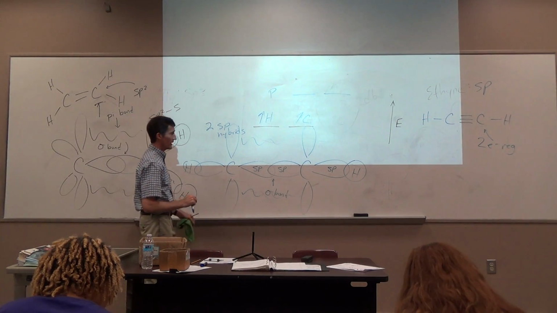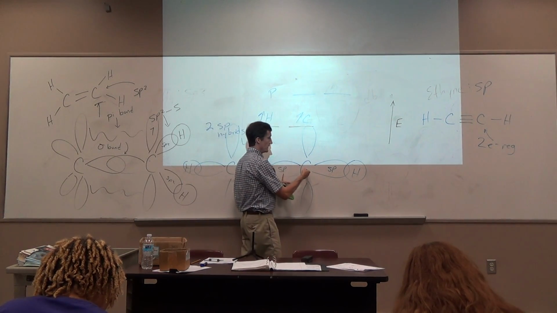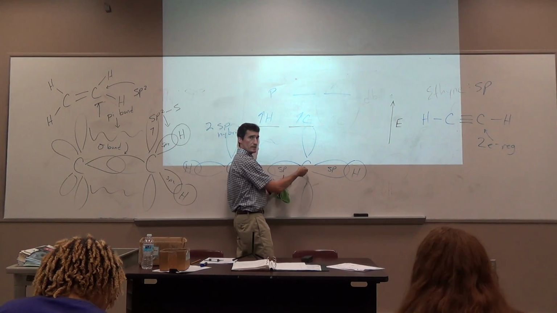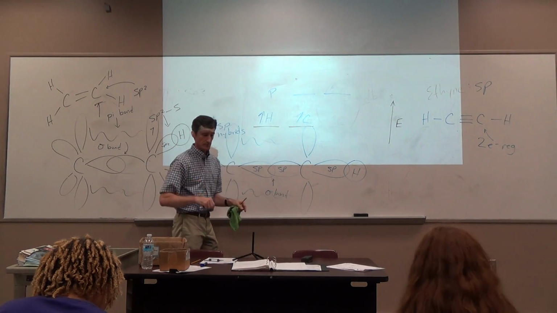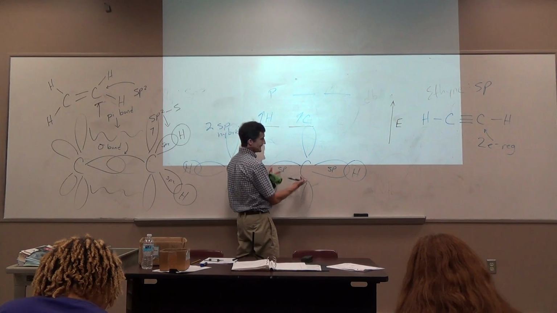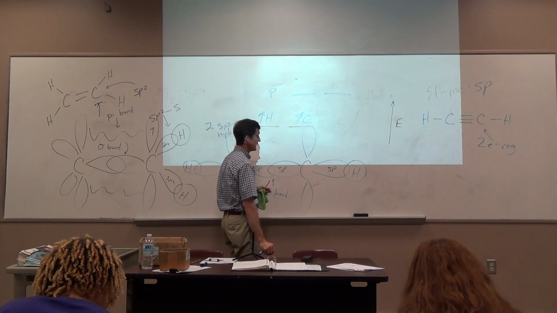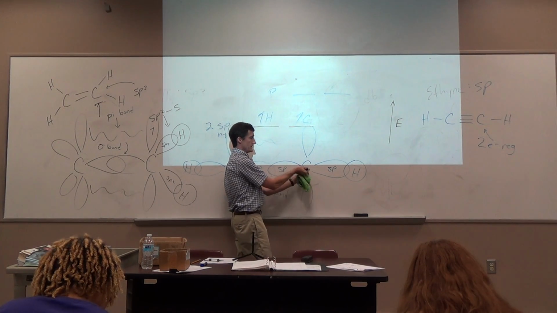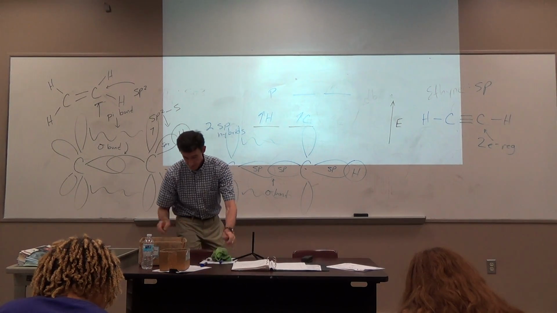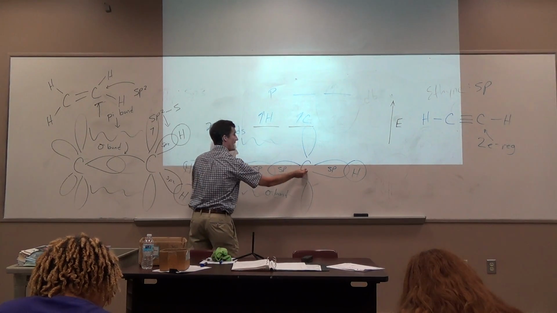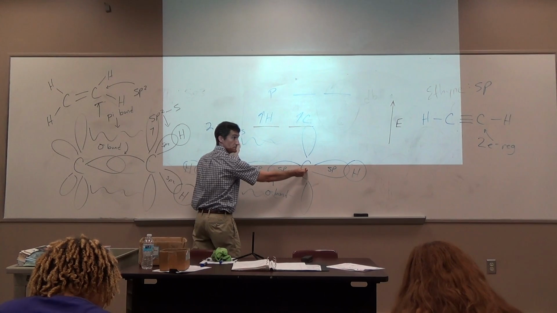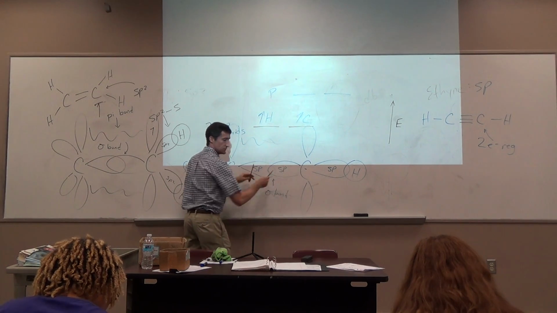But guess what we also have? We have a second p orbital. It is actually coming straight out at you like in the previous example. Hard to draw here. It's sticking out there. Here they are. And half of this is going behind the board. These are interacting this way.